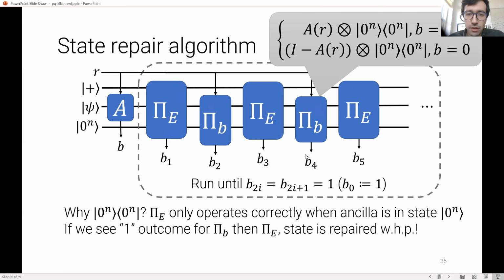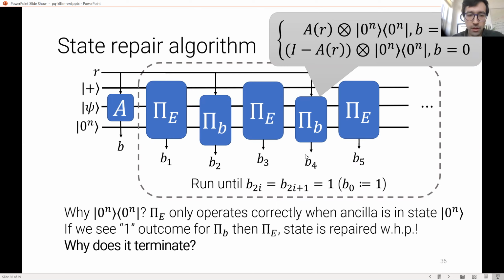Then why does this work when the procedure terminates? Well, if you see one outcome for pi sub b, this means that the ancilla is in the state 0 to the n, right? If you then see a one outcome for pi sub e, this means that the state repair procedure has succeeded, which means that it output something that is large enough, and therefore the state is repaired with high probability.